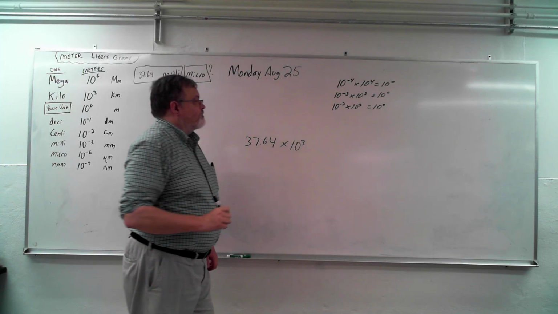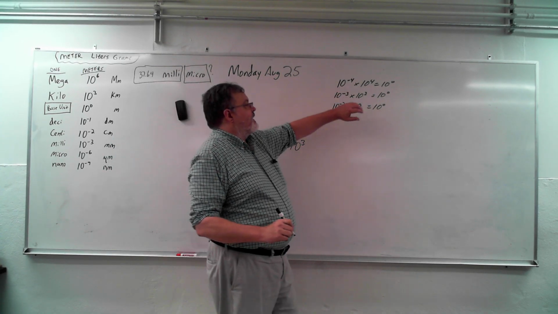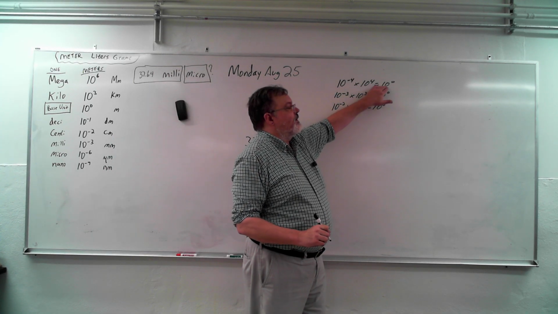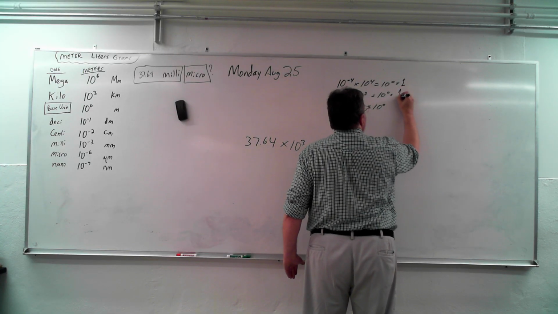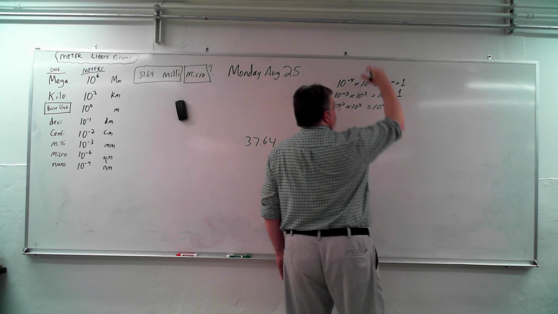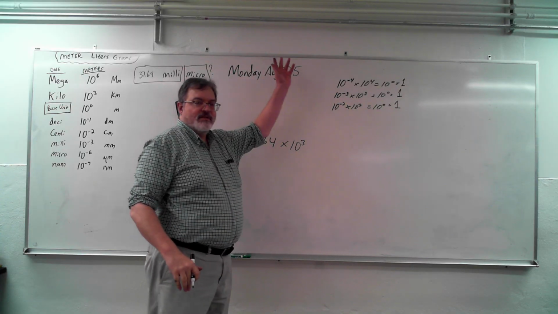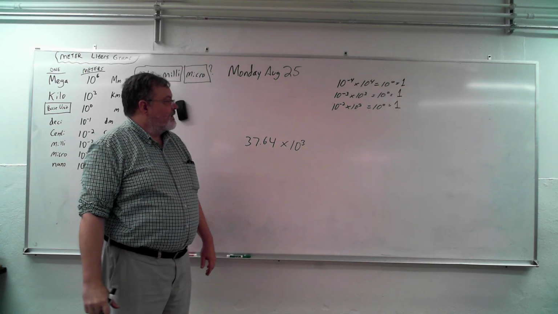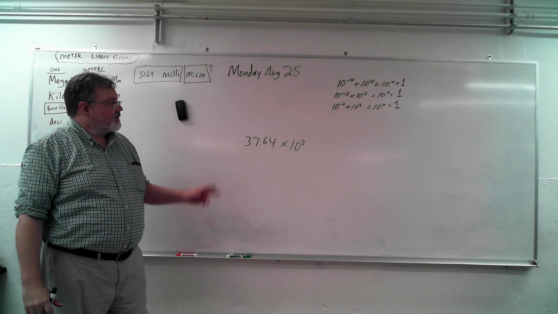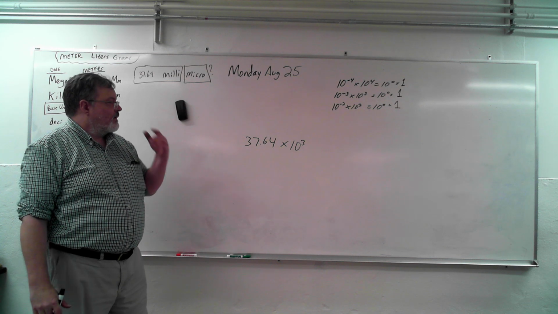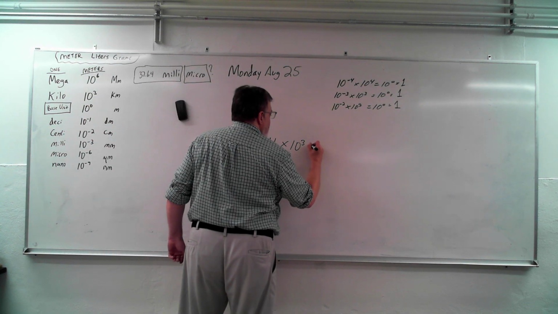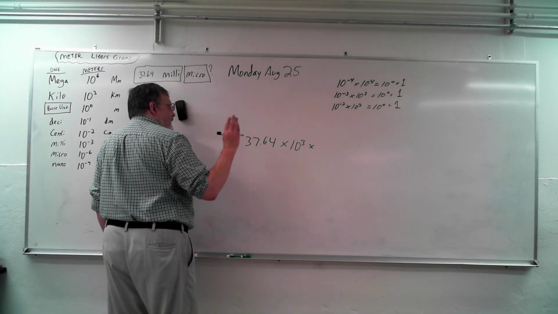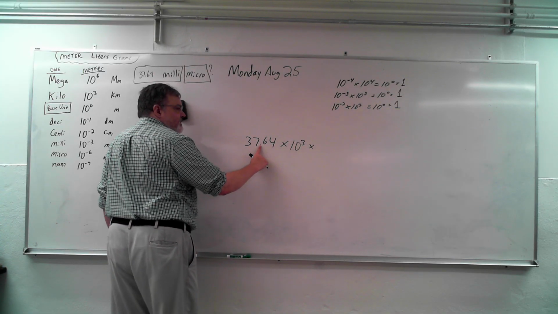Notice 10 to the negative 4 times 10 to the 4 equals 10 to the 0, which equals 1. And on and on. I can go 5 and 5, 6 and 6, as far as infinity. So what I do here is I go, okay, how many digits do I have to move this?